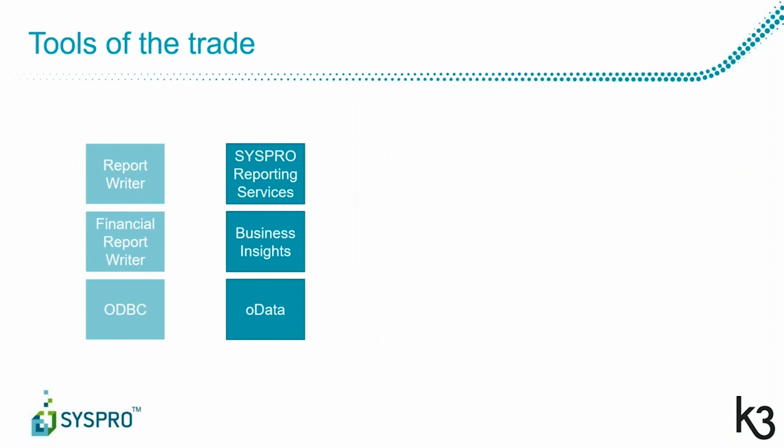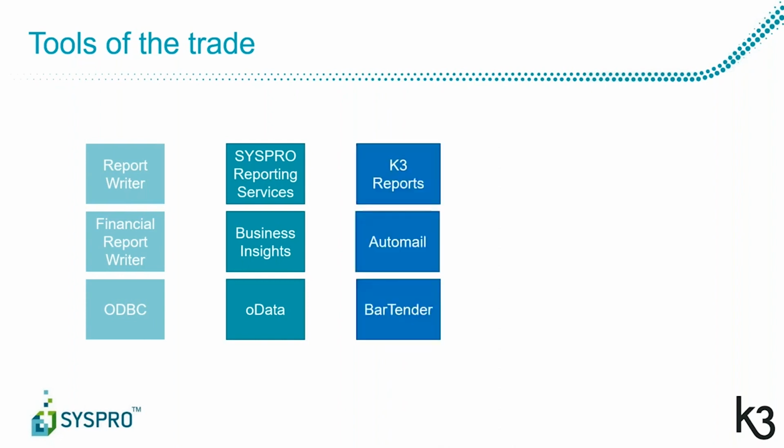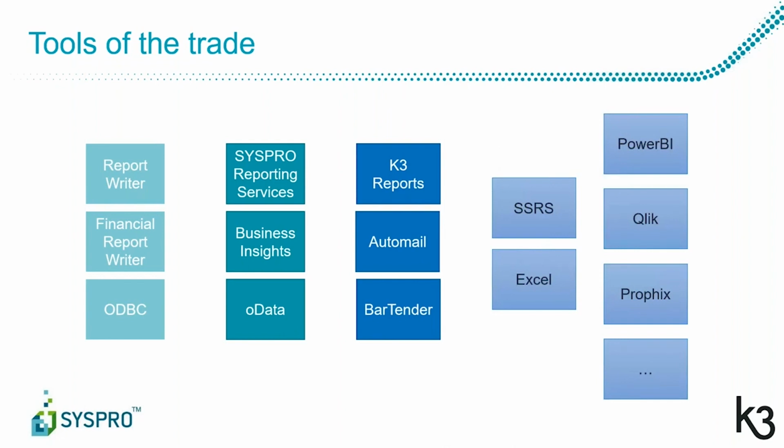With all of that going on, we've always had some additional tools in our toolkit. We've had K3 reports, AutoMail, the ability to do document distribution, Bartender for any sort of label printing, and external tools that still tap into that rich ERP data: SQL Server reporting services, Excel.